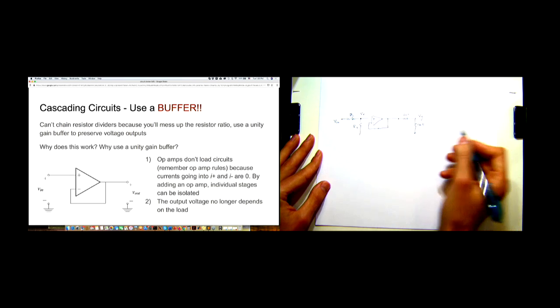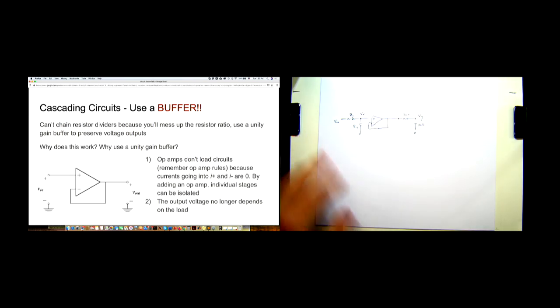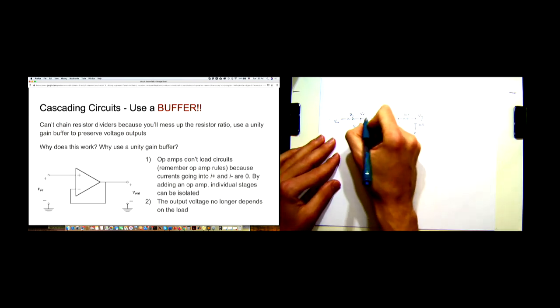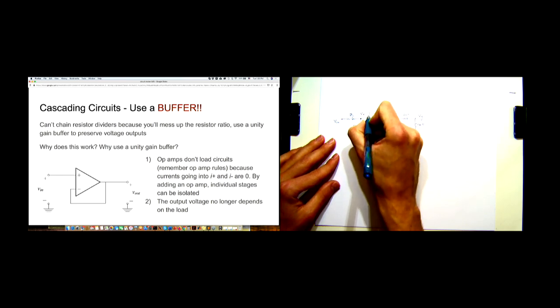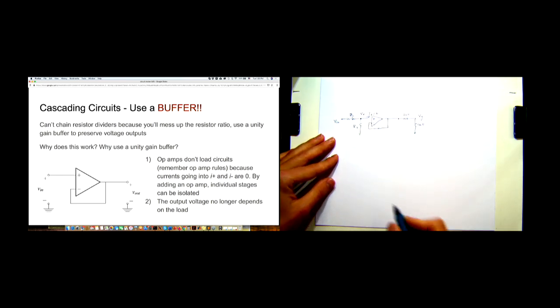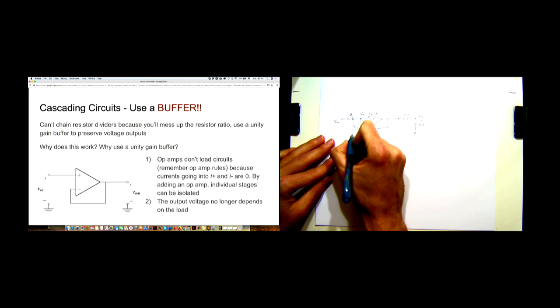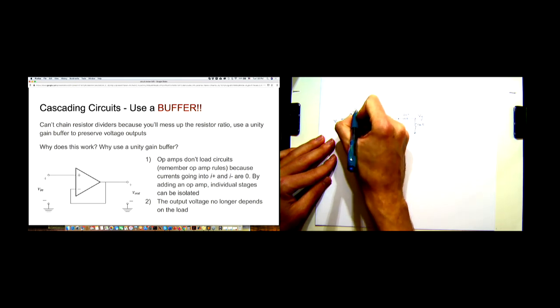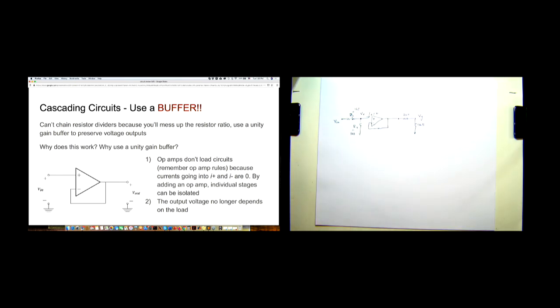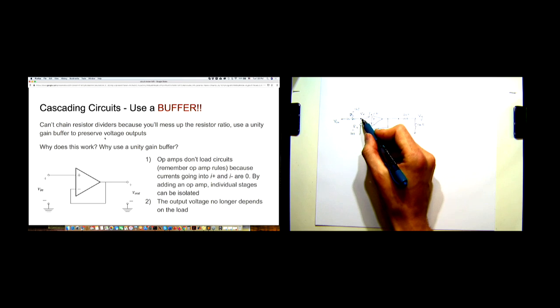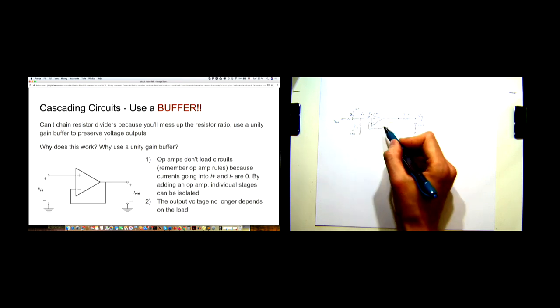You have maintained this relationship because the current going into the op-amp, I plus, is 0. And this is 1 kilo ohm, 1 kilo ohm. Since this current is 0, you can say that Vx is 1/2 Vin.